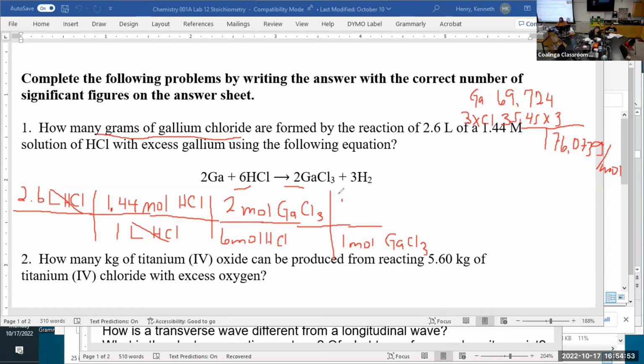So then I can use that mass, 176.073, on top.